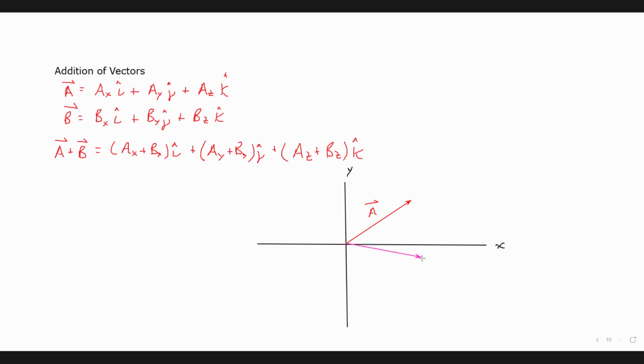Now let's not make it quite so extreme. There we go, that's B. Well, adding them component-wise is equivalent to taking B and putting the tail of B at the head of A and just moving it like that. And now the resultant is from the origin to the head of B.